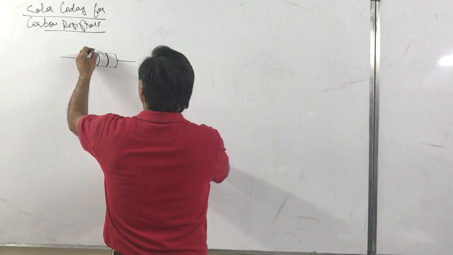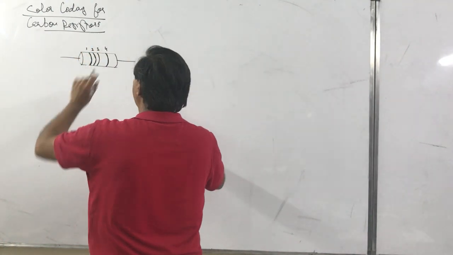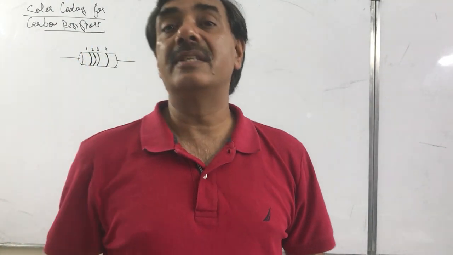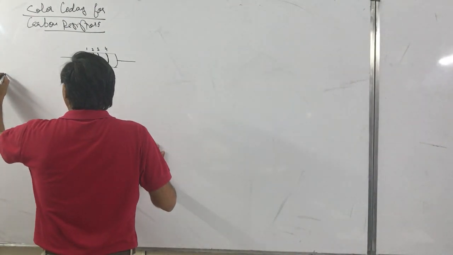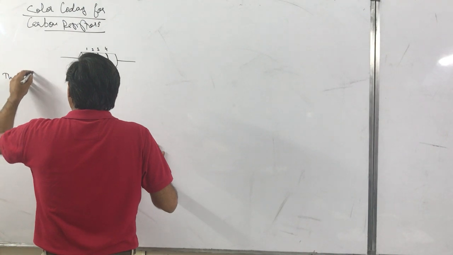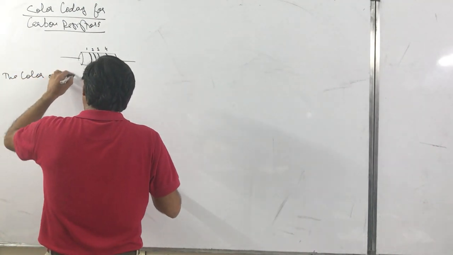Bands 1, 2, 3 and 4. The color of these bands decides the resistance.